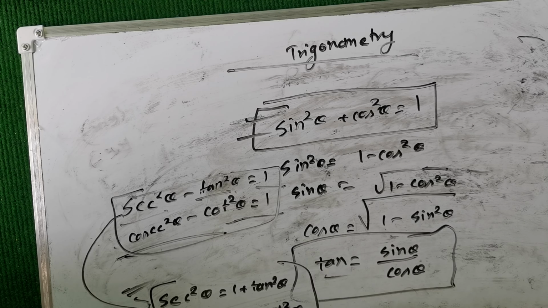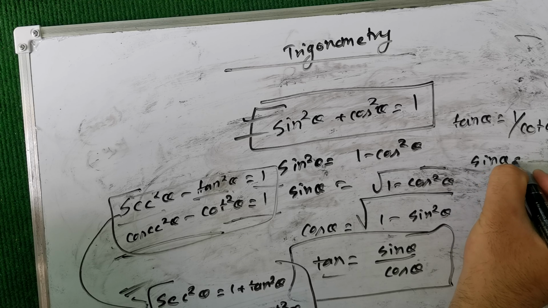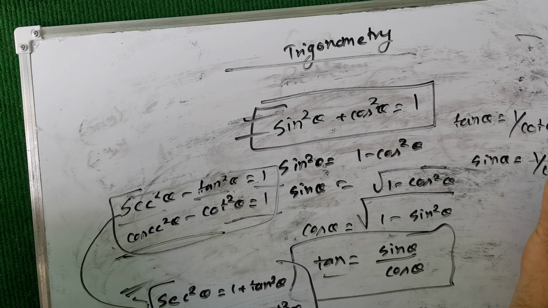And cot theta is equal to cos theta upon sin theta. Okay, I think you know that about it. Tan theta is equal to 1 by cot theta. Sin theta is equal to 1 by cosec theta.